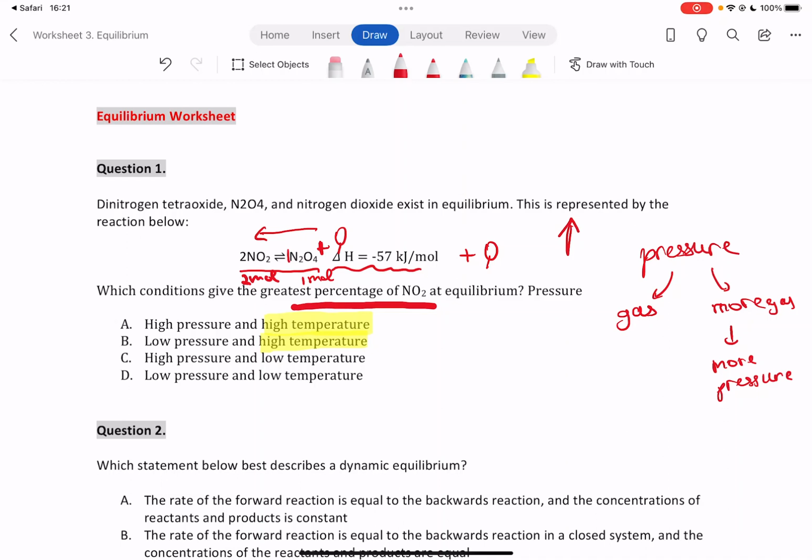So if we increase the pressure, the reaction will go towards the side where we have fewer gas particles. In our case, it's going to go to the right side because we have only 1 mole on the right side. But the question asks for the favor of the reactant. So we choose low pressure. So the answer is B.